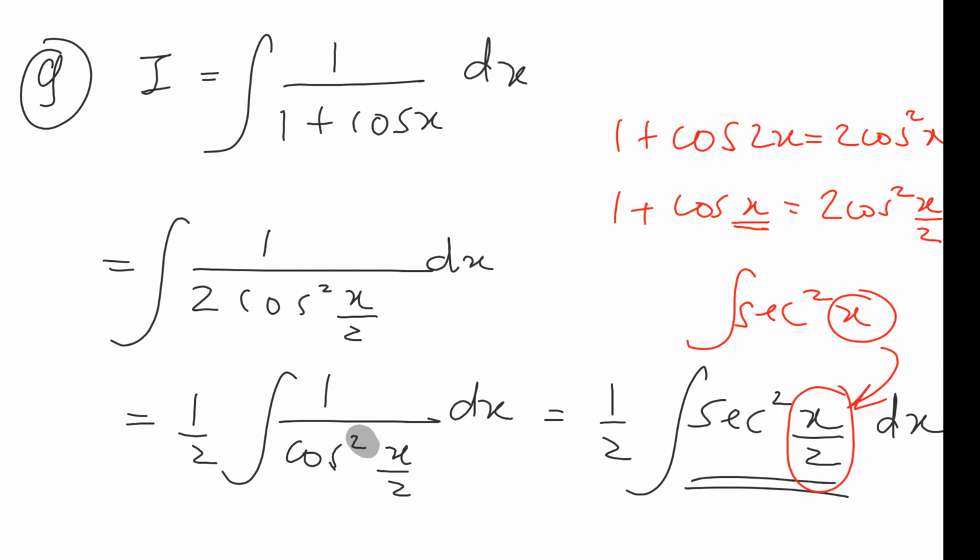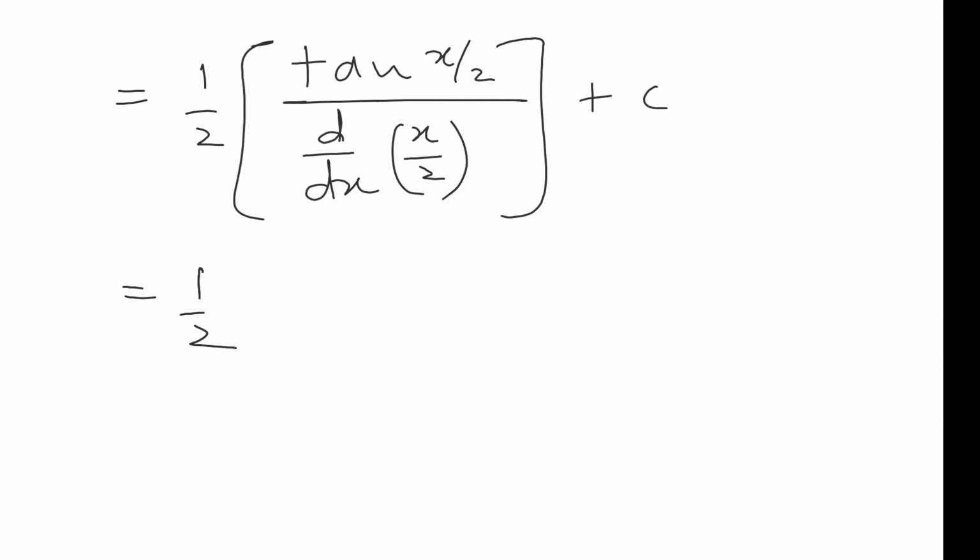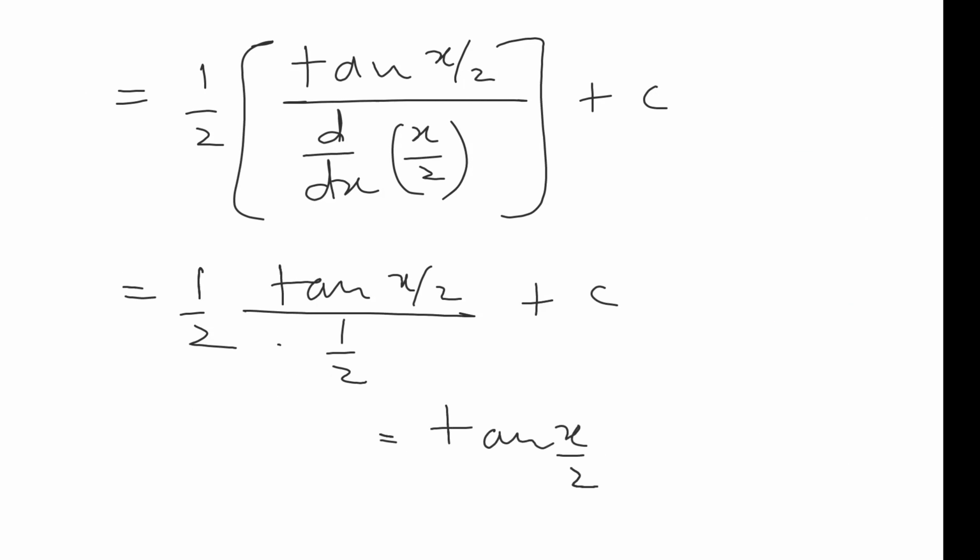So I'll take you to the next slide, and this will be half tan x by 2 upon d by dx of x by 2, plus c. Half tan x by 2 upon half, which is equal to tan x by 2 plus c.